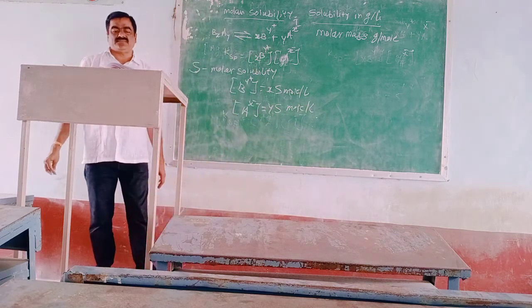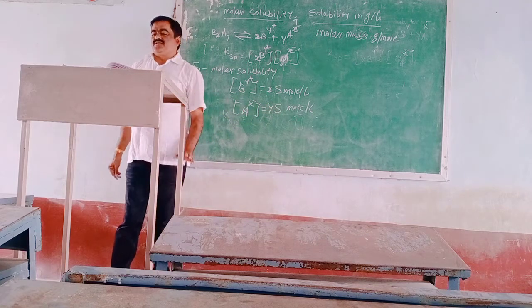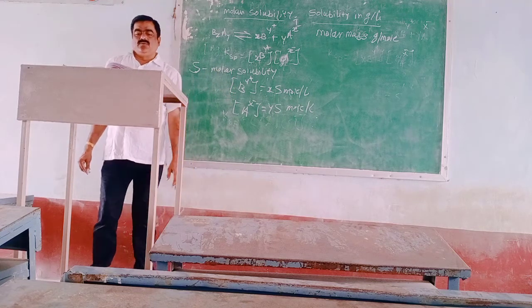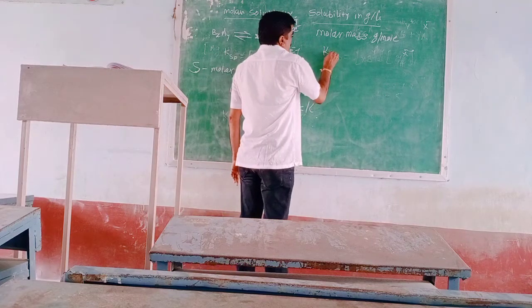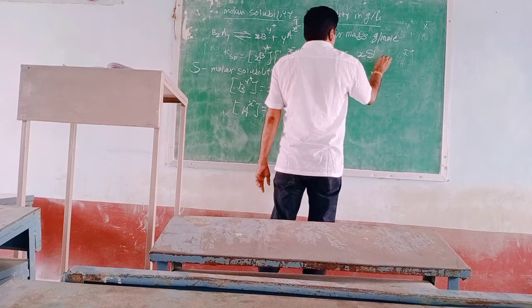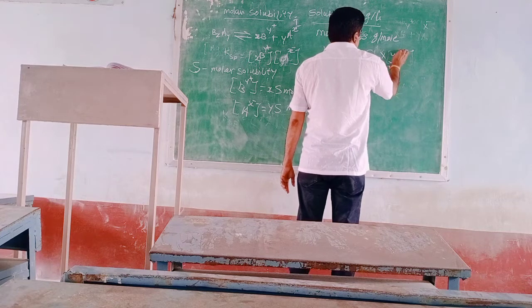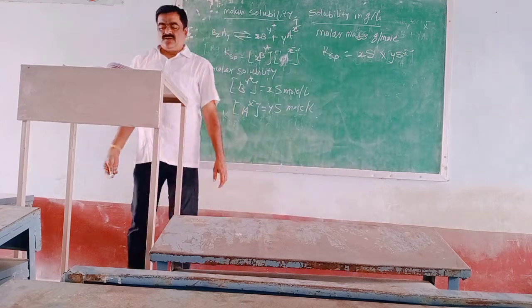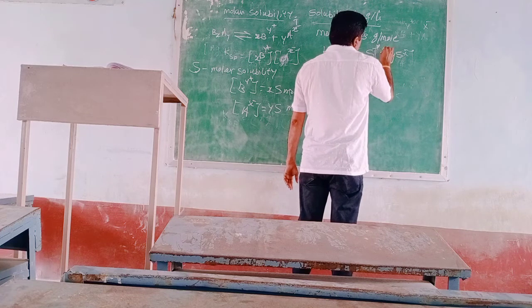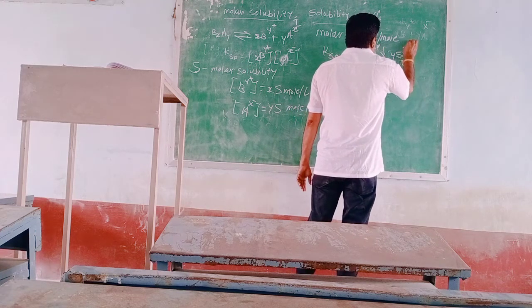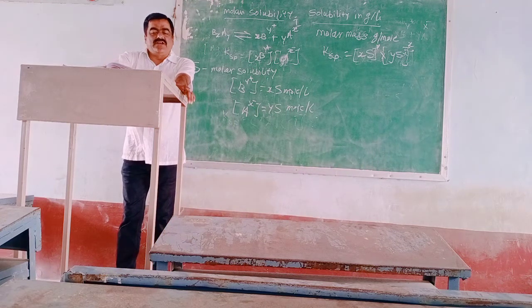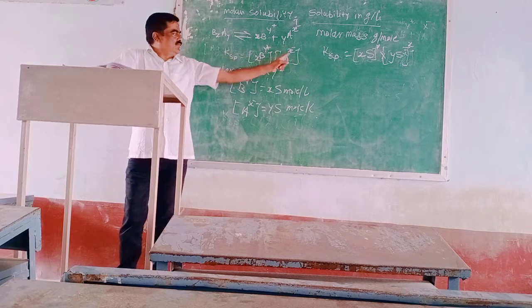Then from these equations we can write Ksp is equal to (xS)^x into (yS)^y, the concentration here.